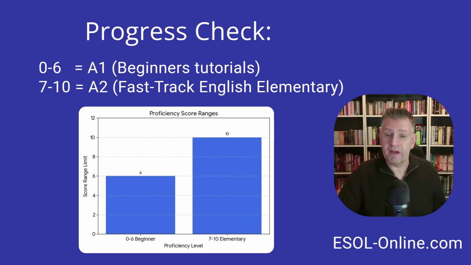It means that you are Fast Track English elementary level. Your level is A2. It may be higher than that. So continue now on to the next 10 questions, see how you do. If you find these next 10 questions difficult, then your level is probably elementary. But if you find that you can answer some of them, then your level is probably higher than that. Let's continue.